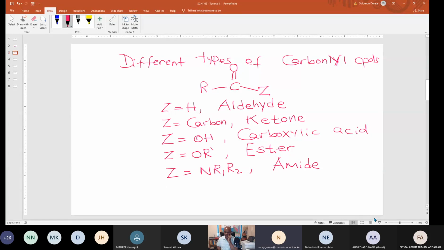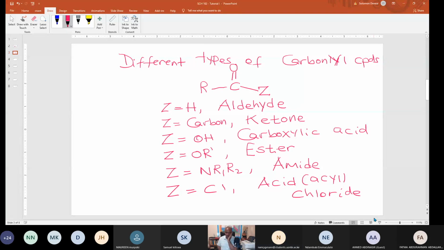And when Z is chlorine, this one is called an acid chloride, or acyl chloride, okay?